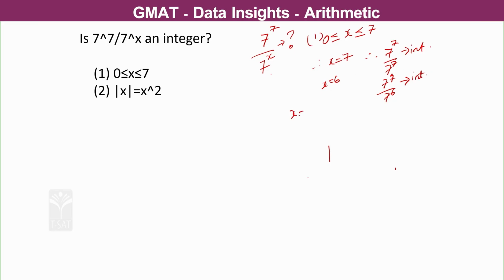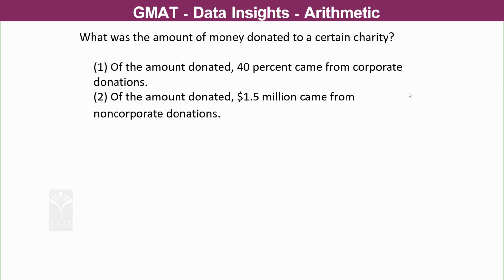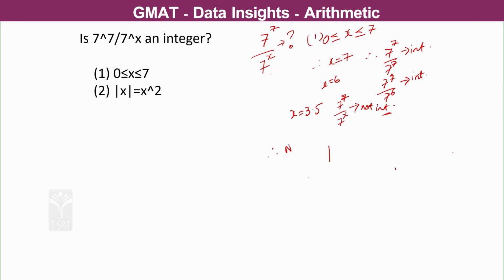But if x is some value, say 3.5, a fractional value with decimal places, then 7 to the power of x will also be a decimal value, and it will not necessarily be an integer. 7 raised to 7 minus 3.5, that is 7 raised to 3.5, is not an integer. So, we can definitely not say whether or not it will be an integer. So, the information here is not sufficient to answer the question.